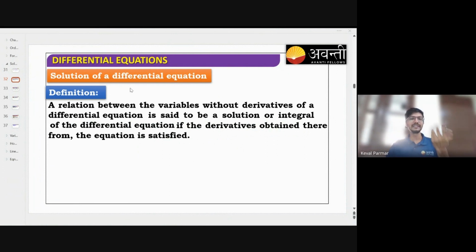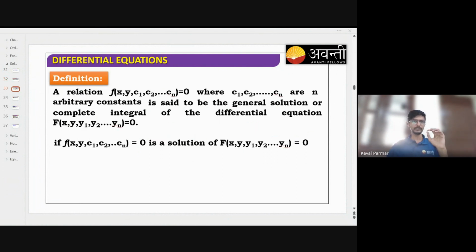Now, how do we integrate the differential equation? Suppose we have this relation f of x, y, c1, c2, ..., cn, where c1, c2 are, as we have all seen, arbitrary constants. And if we differentiate the equation, we get f of x, y, y1, y2, y3, ..., yn, and so on.